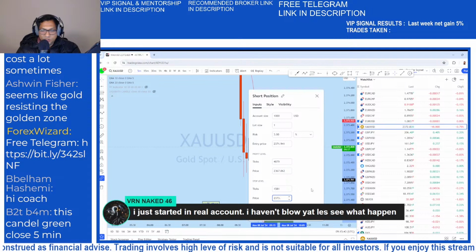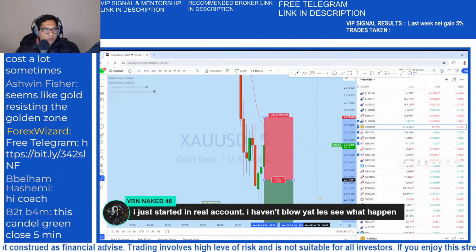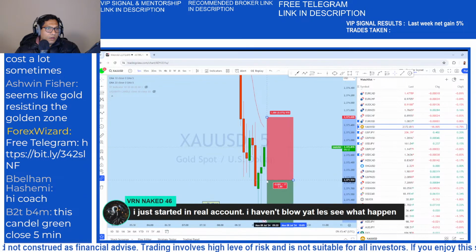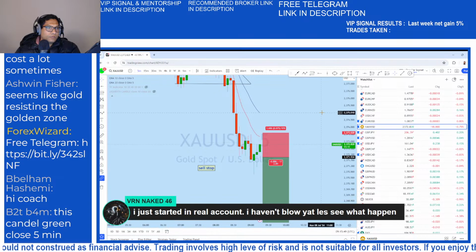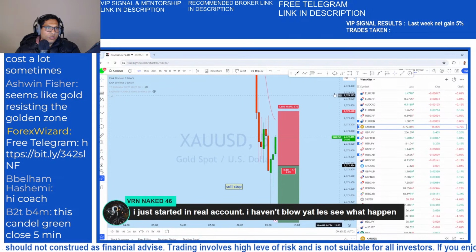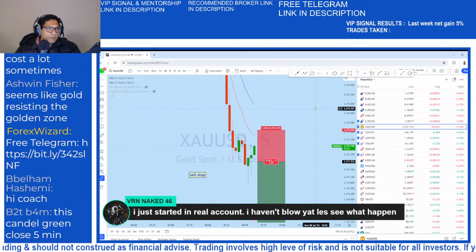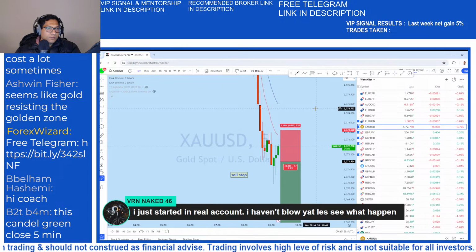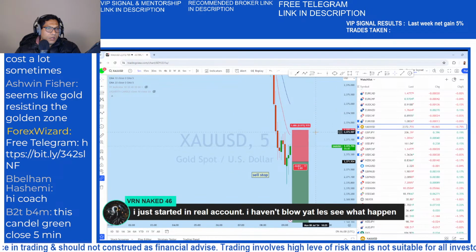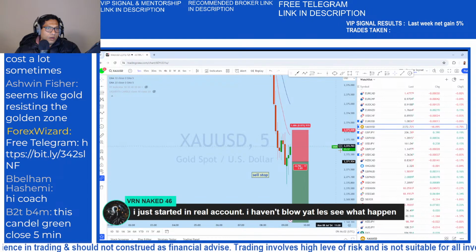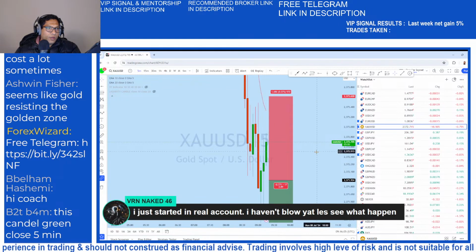So we might see that bounce. So I move my stop loss to 62. It might try to grab liquidity from here.